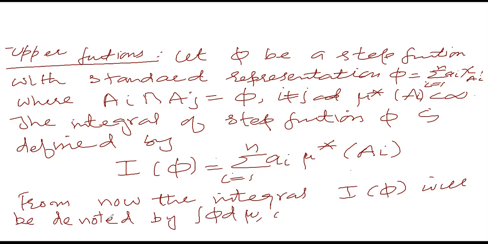That is, integral phi d mu is equal to the summation, i runs from 1 to n, of a_i times mu star of A_i. So that's the integral of a step function.